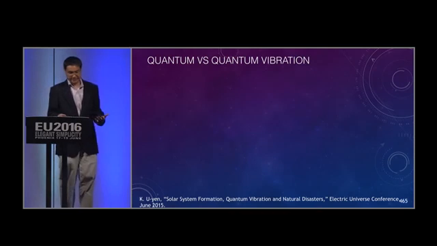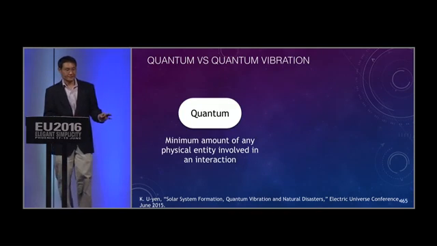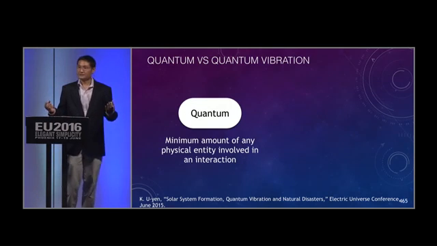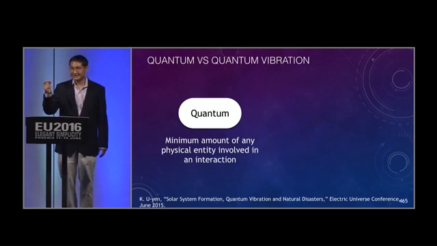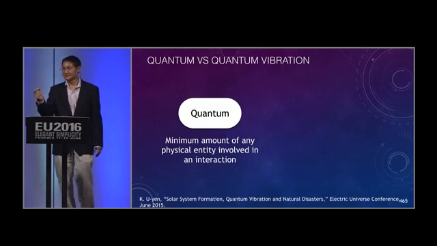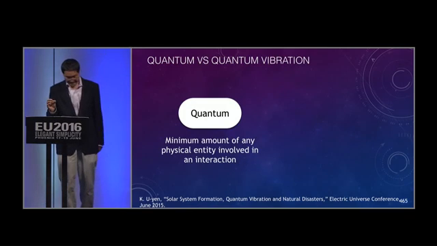In this theory, we use the term quantum because it's the minimum amount of any physical entity involved in any interaction. If we look at Earth as a fine dust in space, this qualifies as a quantum. It's something really tiny.